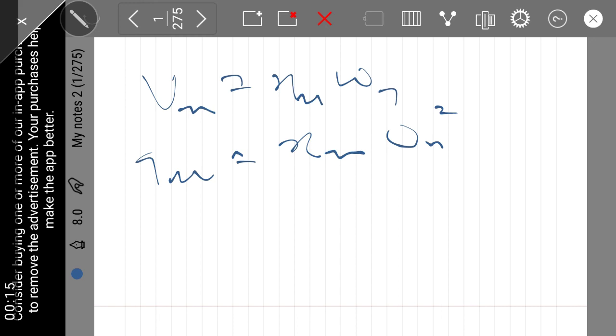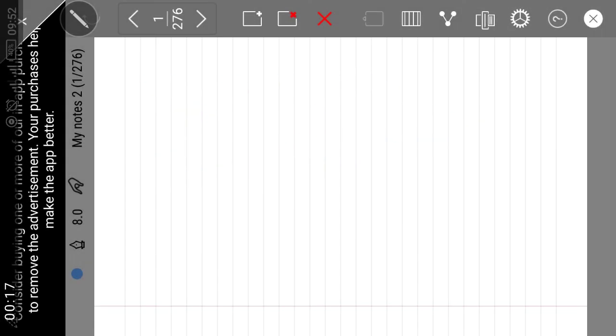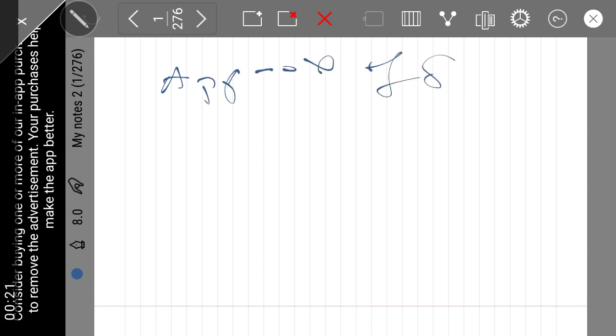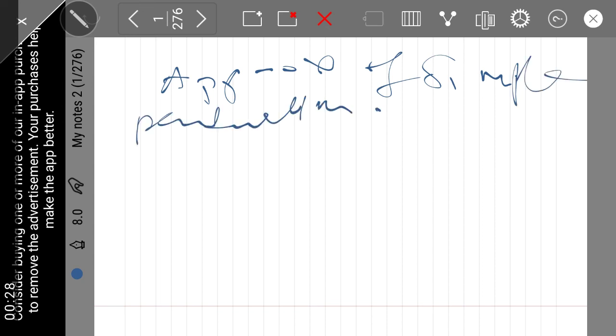We can approximate the simple pendulum. We will see where we do this approximation. Consider a simple pendulum, theta, L, and the path.